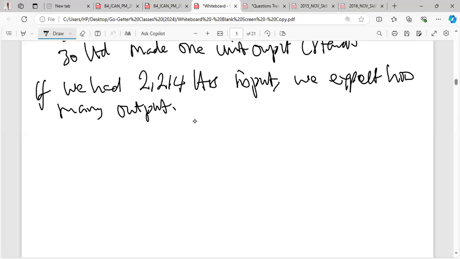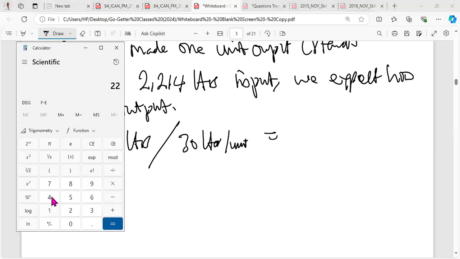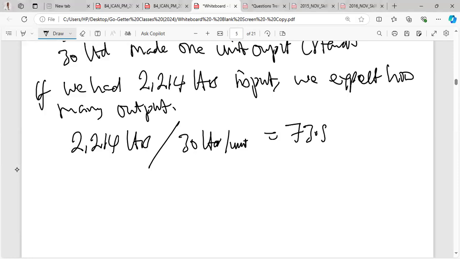So we have 2,214 liters inputs divided by 30 liters per unit. That means we have 2,214 divided by 30. That should give us 73.8 units. This is expected.